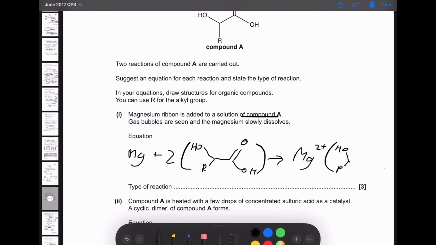Let me write this out. There's going to be no H because it's an acid, so it's going to give away a proton. So O, and there's going to be 2 lots of that, plus, well, what have we got left? We've got 2 hydrogens. So what's this type of reaction? Well, it's going to be redox, because your hydrogen here is going from +1 to 0, and your magnesium is going from 0 to +2.